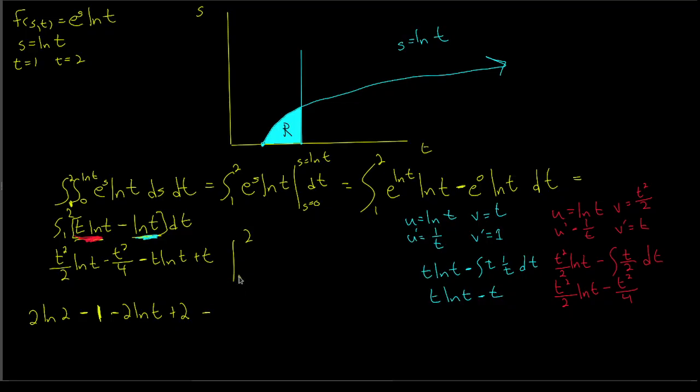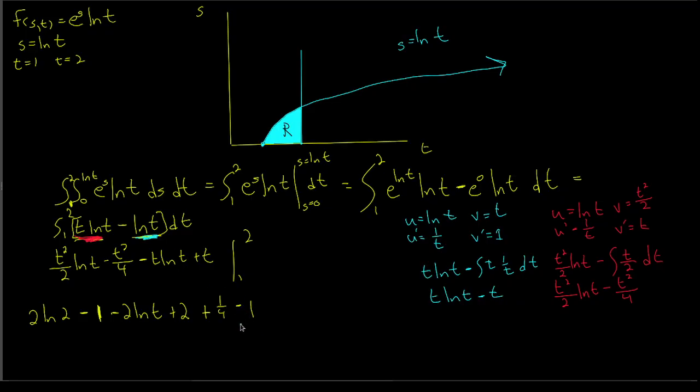And now I'm going to subtract 1 squared over 2 times natural log of 1, which is 0, so that term goes away. Minus a minus, so that's plus 1/4. Minus a minus, that's plus 1 times natural log of 1, but that is also 0, so that goes away.